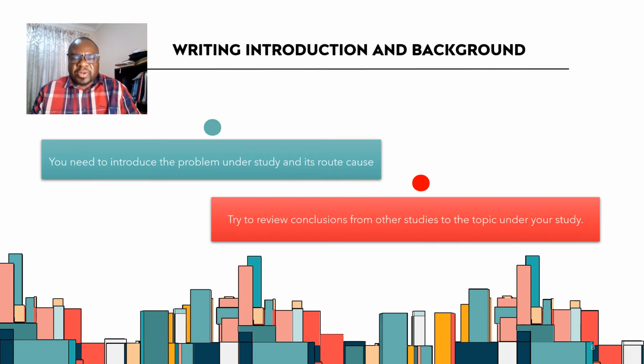Try to review conclusions from other studies to the topic under your study, so that you can identify what were the findings from other studies related to your study, and what were the recommendations. Is this study going to provide the same or similar findings, or discover a different kind of findings?